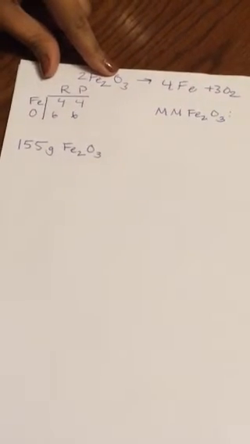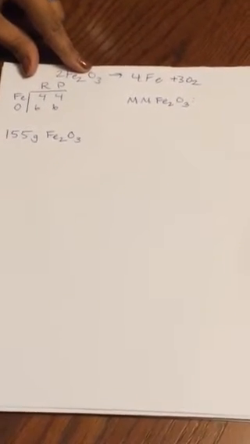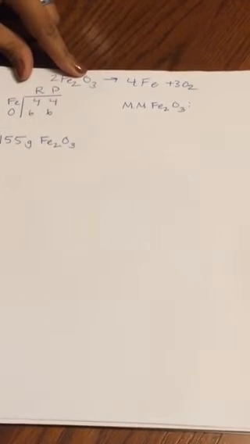So if I look at my periodic table, I see that iron is going to weigh 55.8. There's 2 of them, so I'm going to do 2 times 55.9 grams. I rounded up, that's where I got the 9 from.